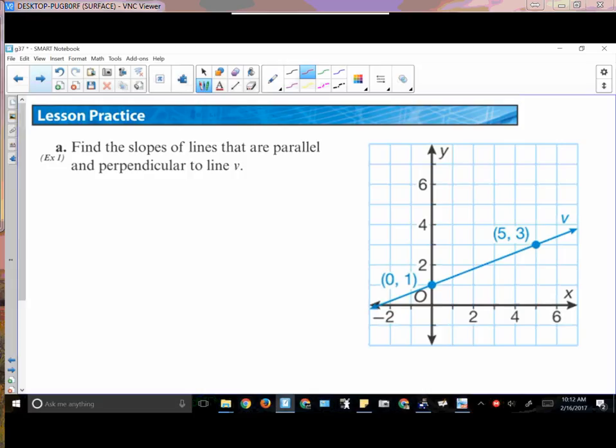So, if I take a look at this, it has to go up 1, 2. So the rise is 2, and the run is 1, 2, 3, 4, 5, correct? So that would be 2 over 5. So, let's see, Gavin, what would be the perpendicular?